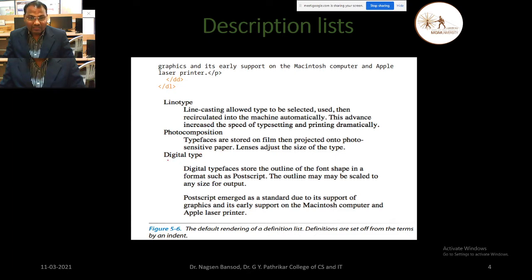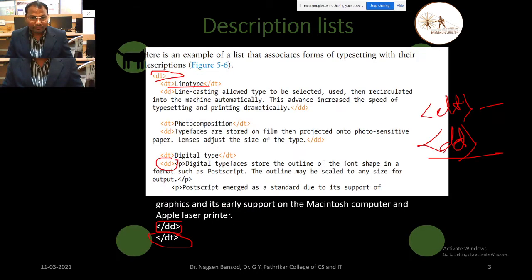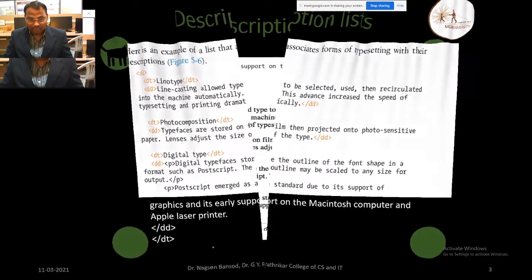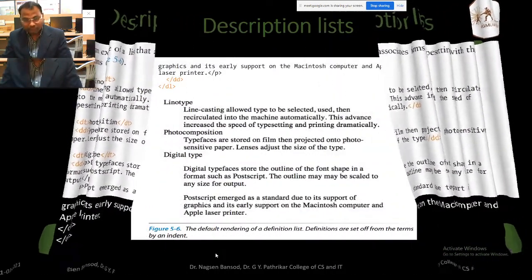And at last digital type and its definition, and this is the second paragraph. We have used the paragraph tag in digital type two times, P here and close here, then again we have used it at PostScript. So we got the output.